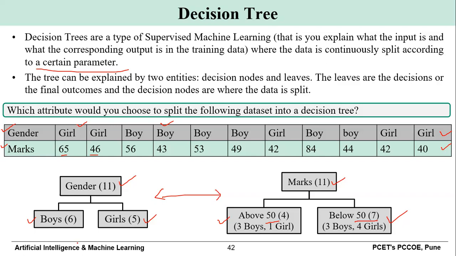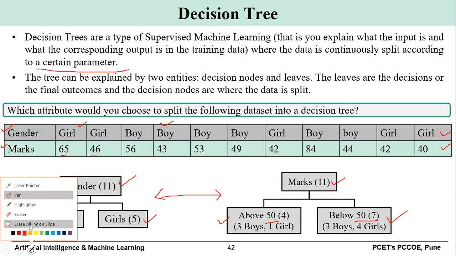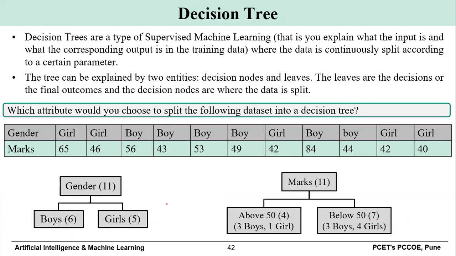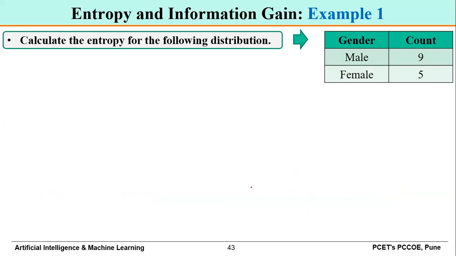But the important question is, which one is more appropriate, the first one or the second one? In order to decide whether to go for the first tree or the second tree, the concept of entropy and information gain will help a lot. Last lecture we saw some examples, and today we will see two or three more examples.